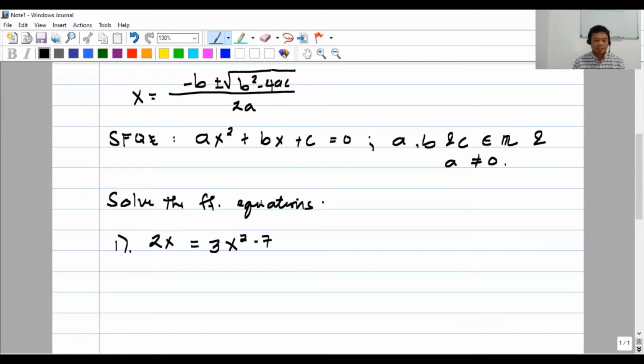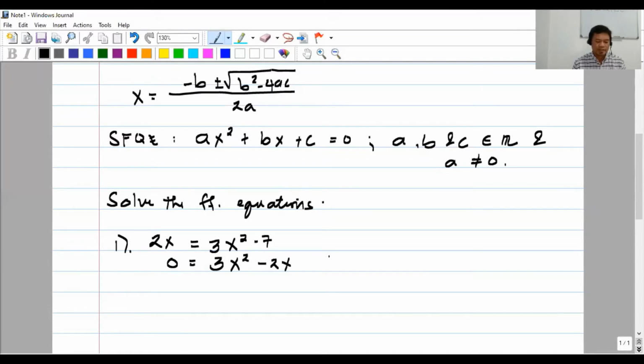Notice that the given equation is not expressed in standard form, so we have to express it first before we solve. It is very important that we know how to express our equation into its standard form. We move 2x to the other side, and in moving this, we change the sign from positive to negative.